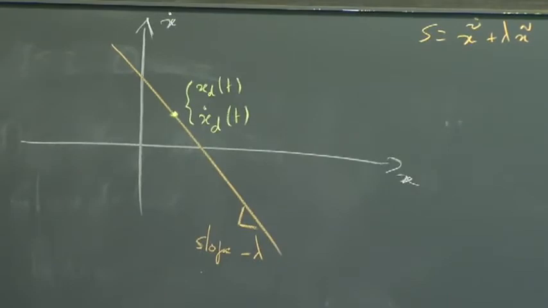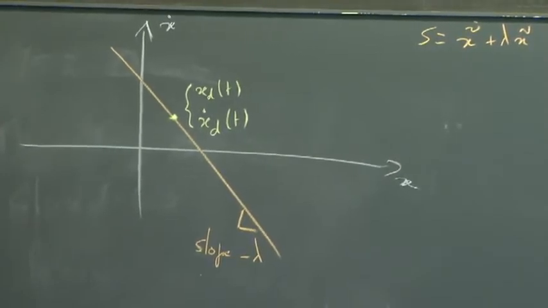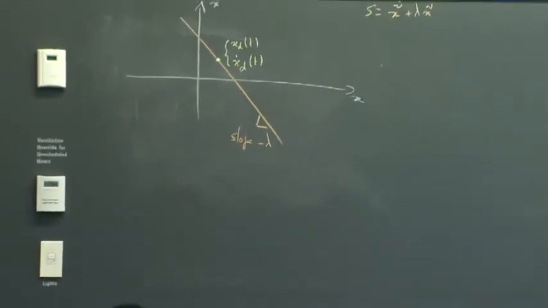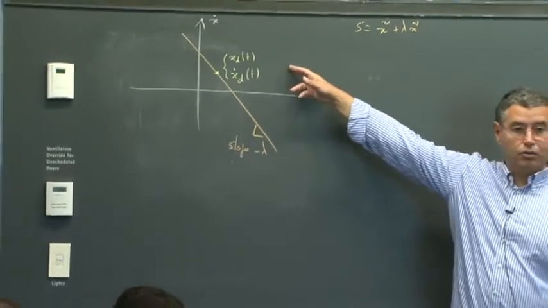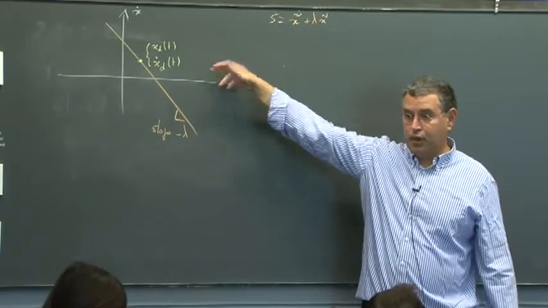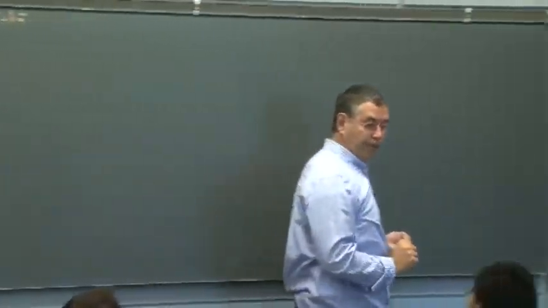So it's a line that moves with the desired trajectory, keeping a constant slope. That slope is minus lambda, and it always contains the desired state, xd and xd dot. Okay? Is that fine?